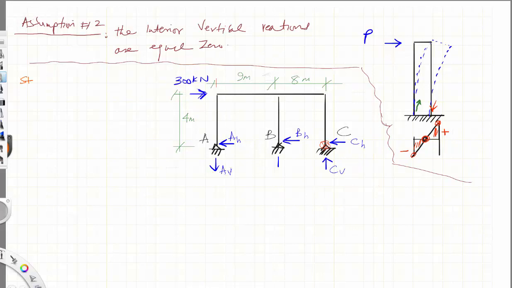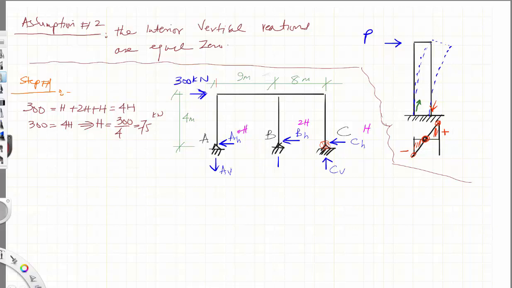So step number 1 is sum of all forces in x direction equal to 0, which means 300 is equal to h plus 2h plus h, which is equal to 4h. So 300 is equal to 4h, and h is equal to 300 divided by 4, which is 75 kilonewton.